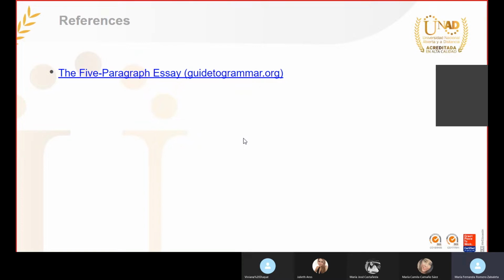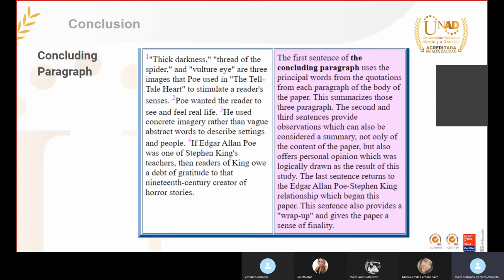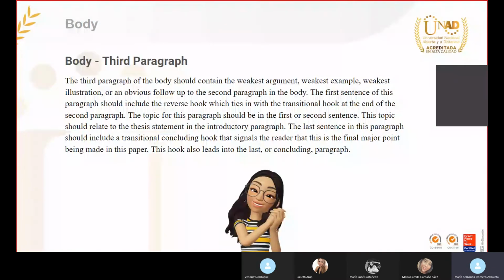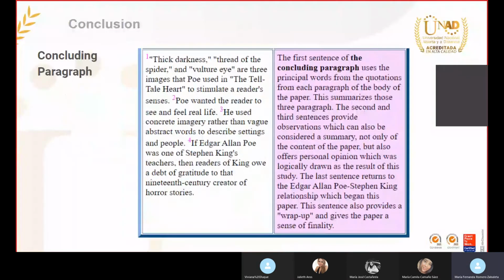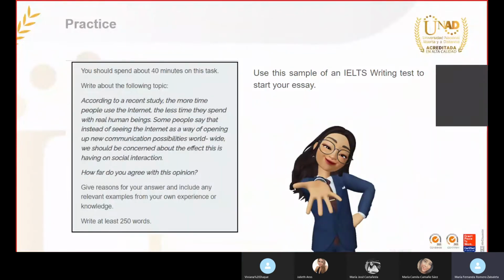Next time you're reading an essay, you can try to find the pattern, to catch the main ideas and the main arguments, because this 5 paragraph structure is widely used, really commonly used.